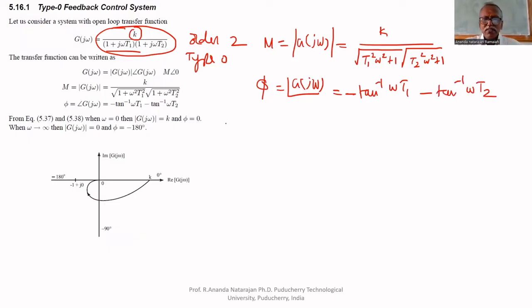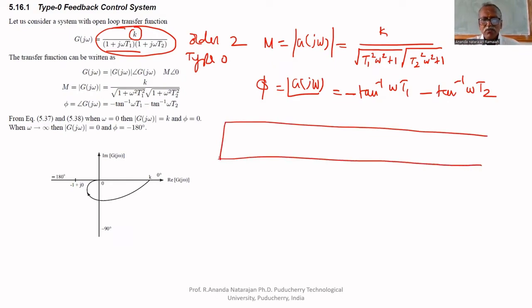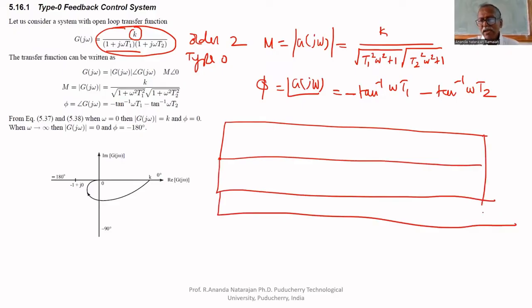If you want to plot this, we have to find angle and magnitude for various values. To get the polar plot, we have to vary omega from 0 to infinity.